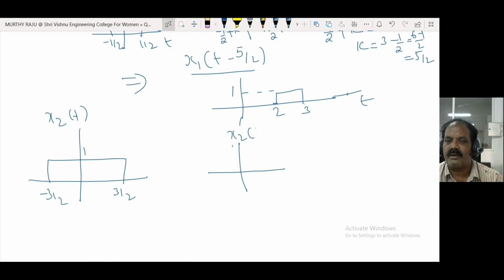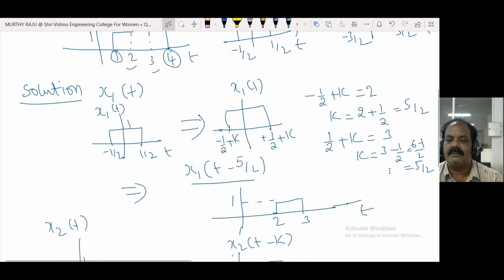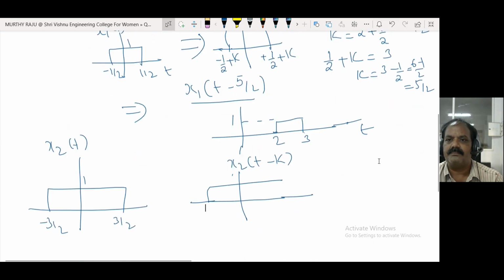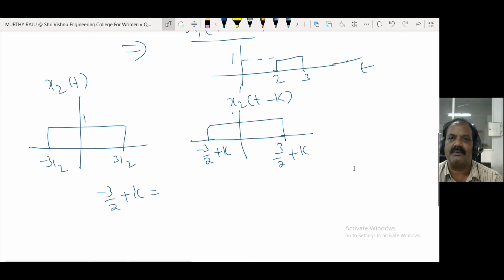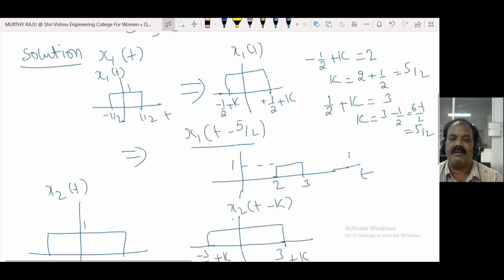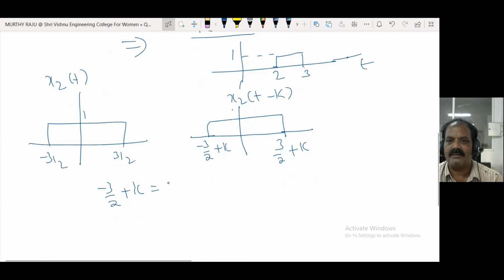X2 of t minus k. Find out the k value here. Minus 3 by 2 plus k, and 3 by 2 plus k. Minus 3 by 2 plus k is equal to 1.